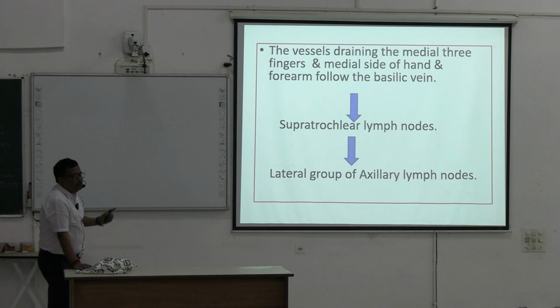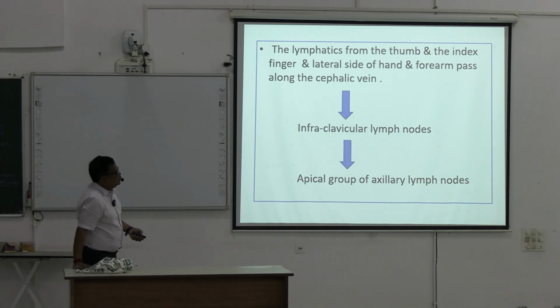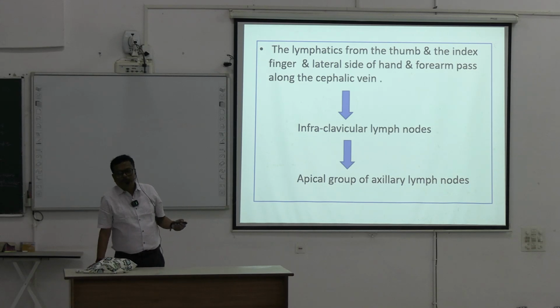If you remember this, you will never make a mistake in this flow. The lymphatics from the thumb, index finger and lateral side of the hand and forearm pass along the cephalic vein and drain first into the infraclavicular lymph nodes, then into the apical group of axillary lymph nodes.